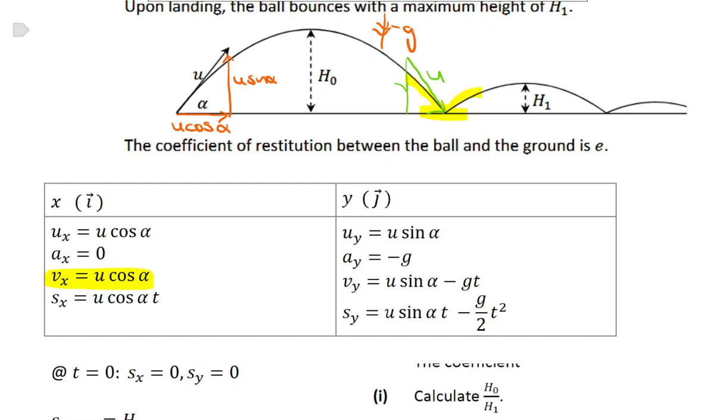So what's happening when it lands is u cos alpha across, because there's no acceleration in the x direction. And if it hits the ground at the same speed u and has the same x component, it has to have the same y component except downwards. So the speed the ball has at the collision is u sine alpha.